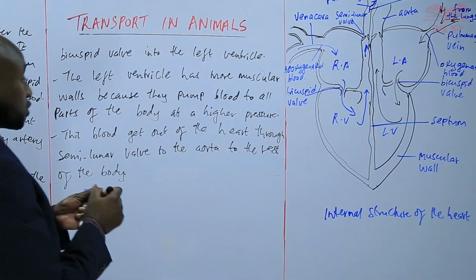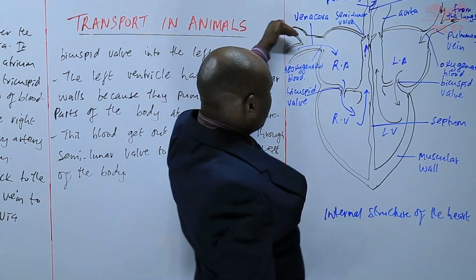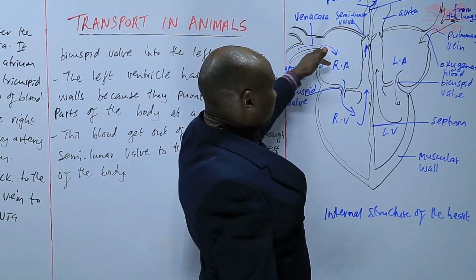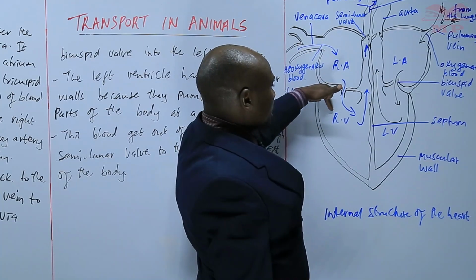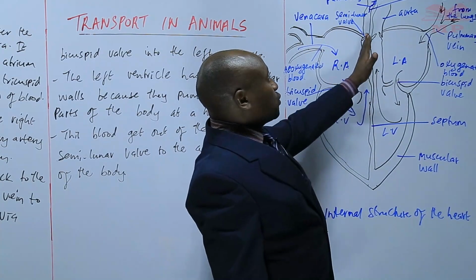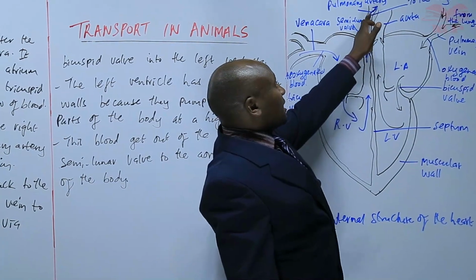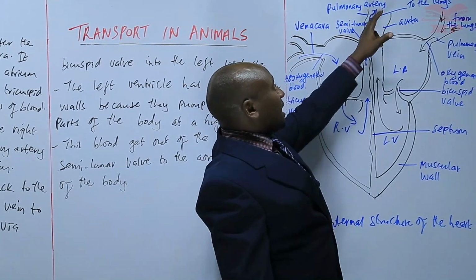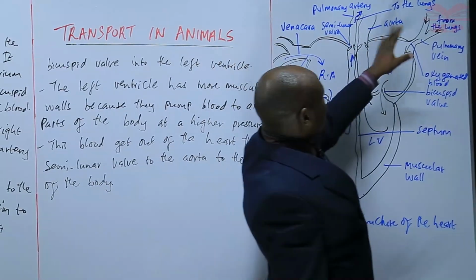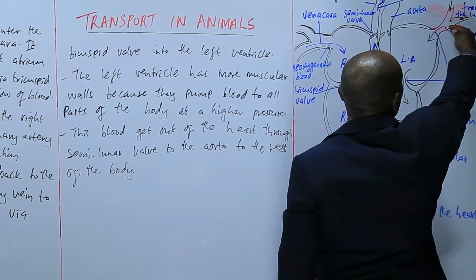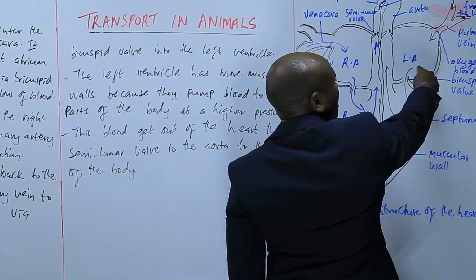So that generally shows how the blood enters the heart when it is deoxygenated through the vena cava, the right atrium, right ventricle, then out of the heart through the semilunar valves, pulmonary artery to the lungs, and then it comes back from the lungs through the pulmonary vein to the left atrium.